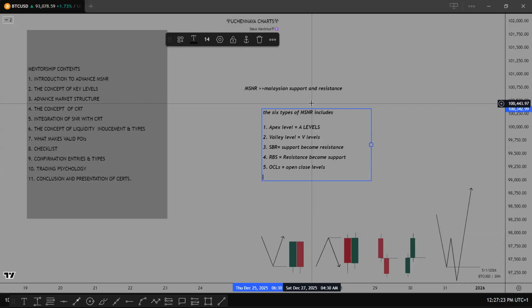All right. And the sixth one is QML, quasi module, or you can call it left shoulder. Okay. So these are the basic levels of MSNR.